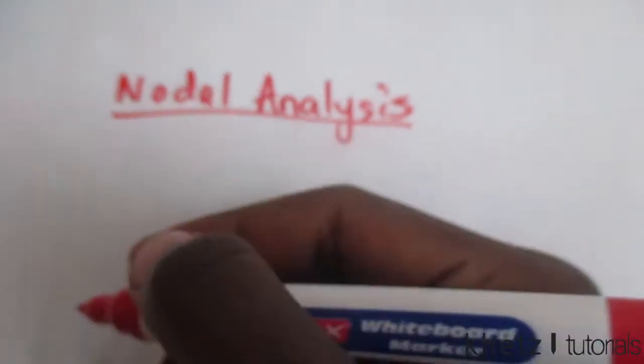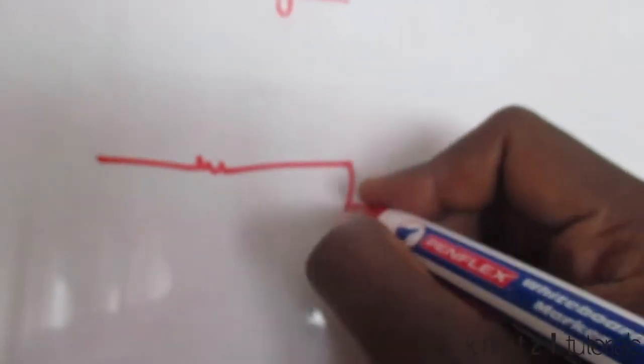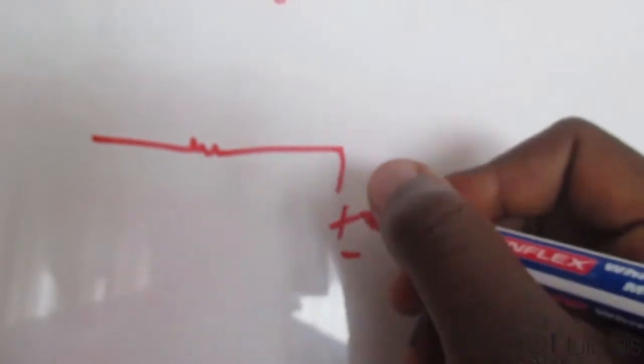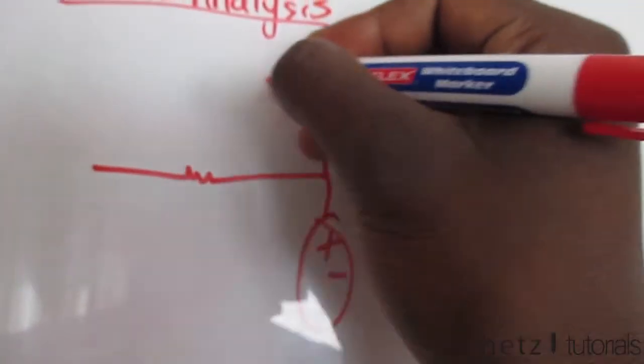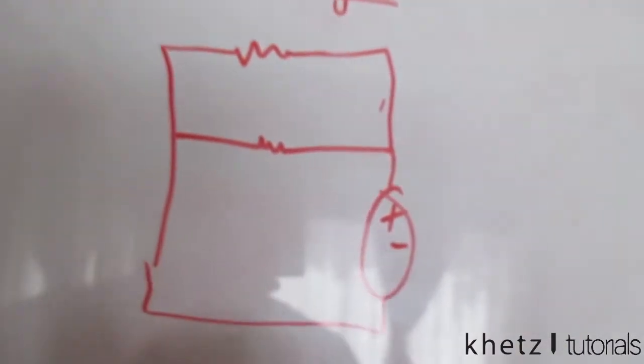So now, let's say we have, I'm going to draw a similar diagram. Let's see, it looks like that, and something like that. You don't really care about what's happening in this side.